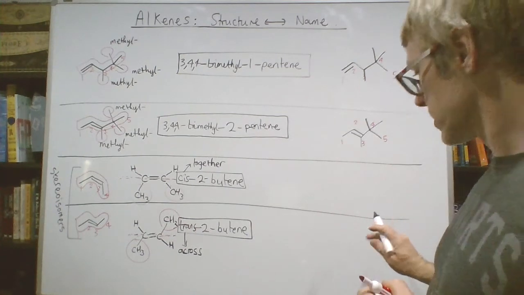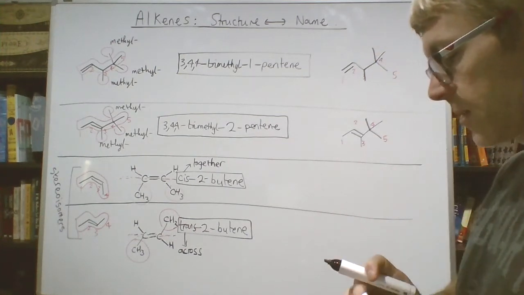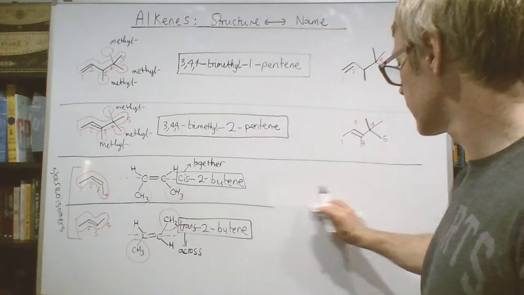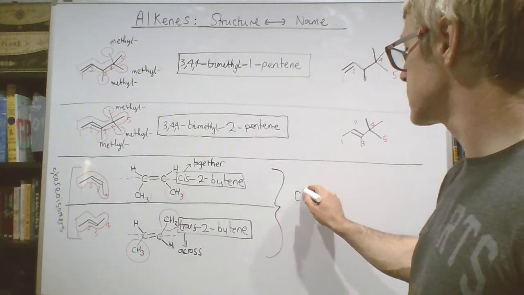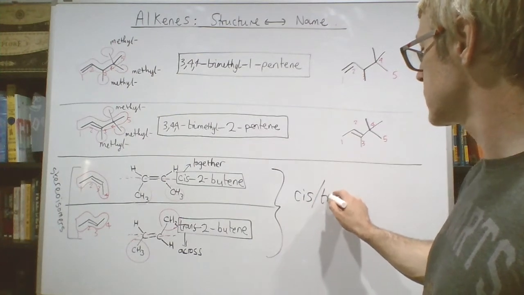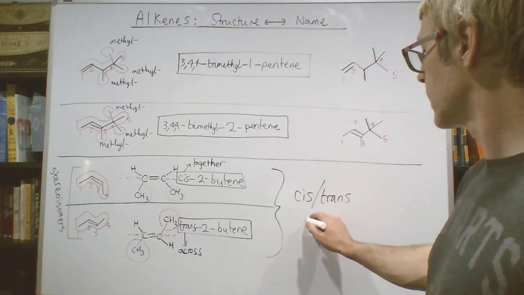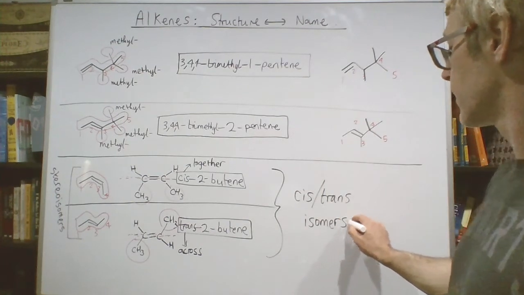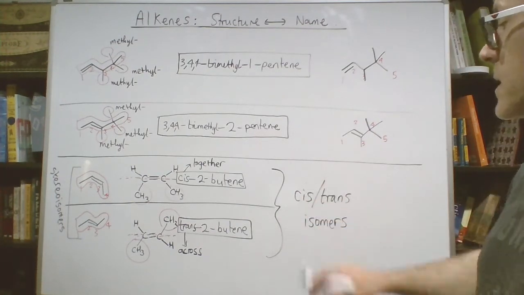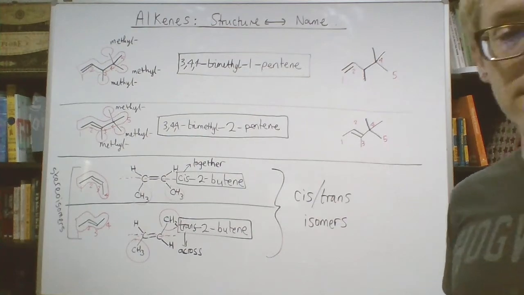So if I erase this a little bit, we've started to see cis-trans isomers. Cis-trans isomers require a double bond.